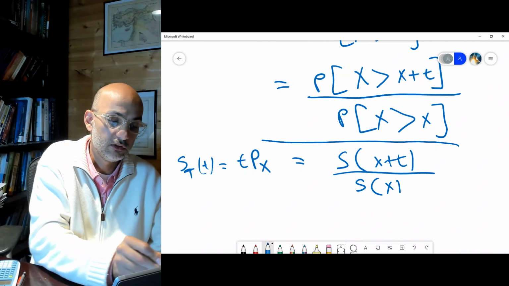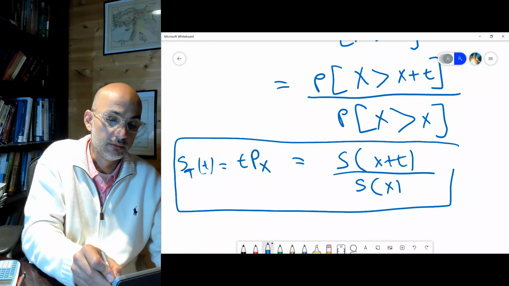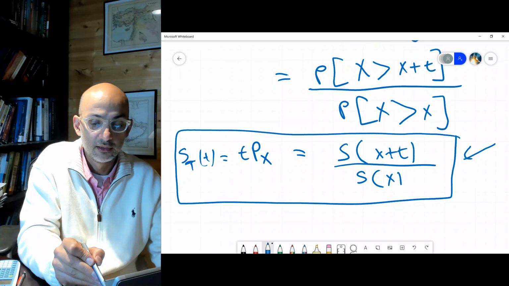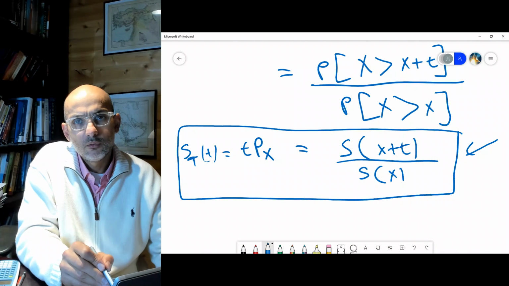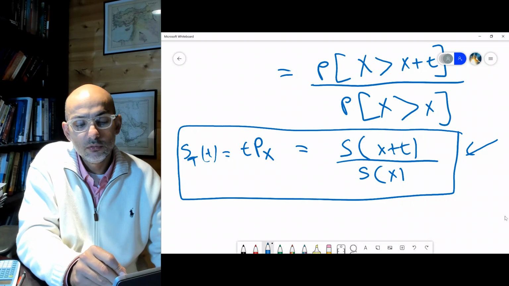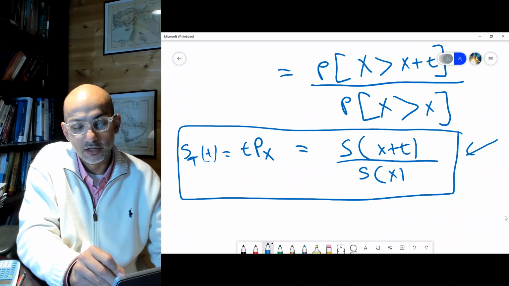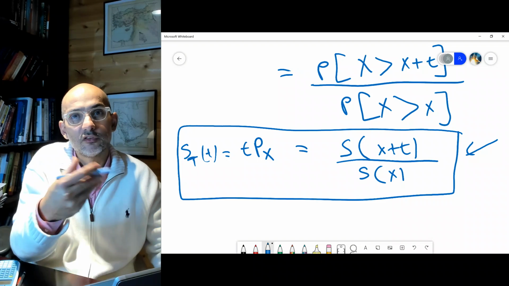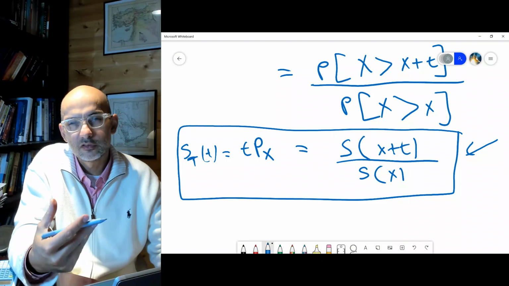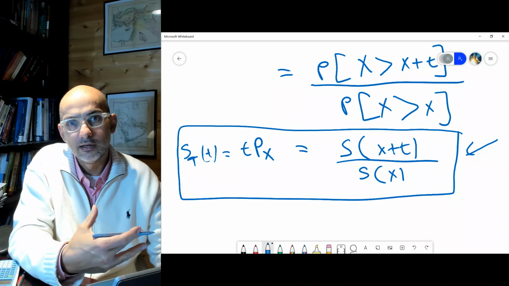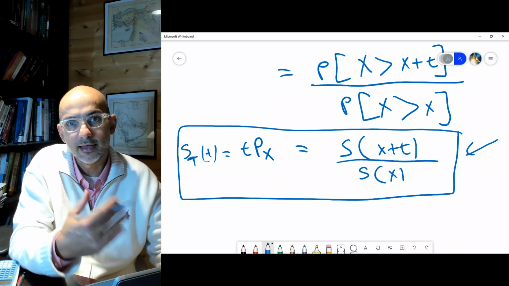This is something we need to keep in our mind. We need to remember it, right? Very important. Everything we talk about regarding remaining lifetime, the new T of x, usually we divide by something, which is usually survive to x. We divide by survive to x because this is a conditionality. So it's the same old lesson we took when we were evaluating at age 0.